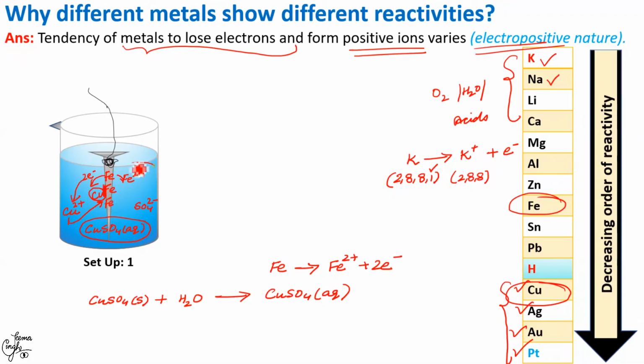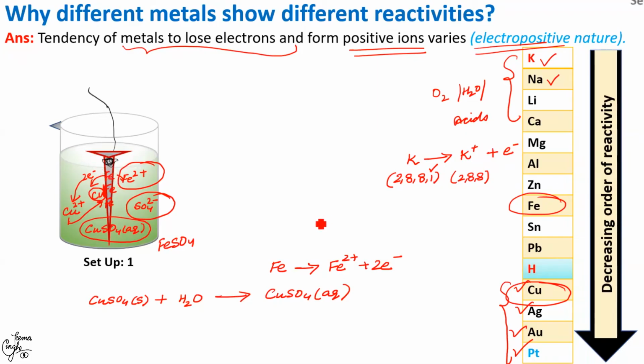The remaining Fe2+ ion, this positively charged ion, will get attracted to the negatively charged sulfate ion, and it's going to form FeSO4, which is light green in color. Slowly, as the reaction proceeds, you will see the blue color fade away and you will get a light green color due to the formation of ferrous sulfate, and the copper metal will slowly deposit on the surface of the iron nail.